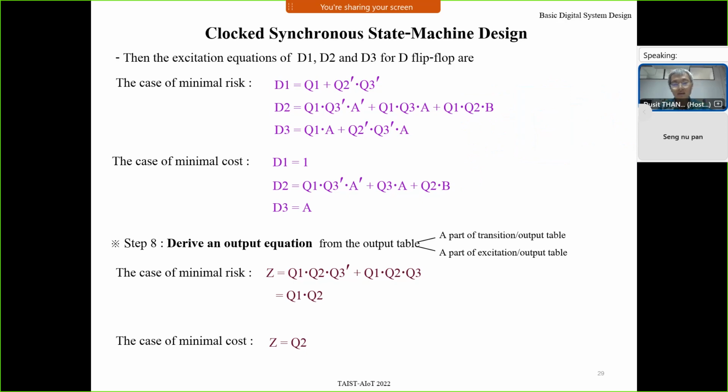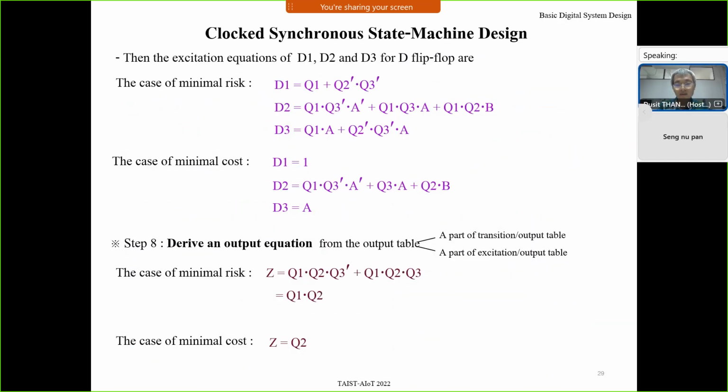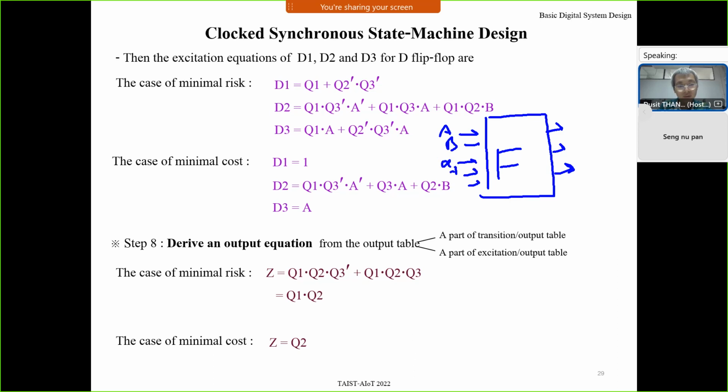In this case, the external input is A, B. So you can implement or draw the circuit diagram of F from this equation. Input A, B, and feedback from Q1, Q2, and Q3. The output of circuit F is D1, D2, D3 that feeds to the flip-flops.